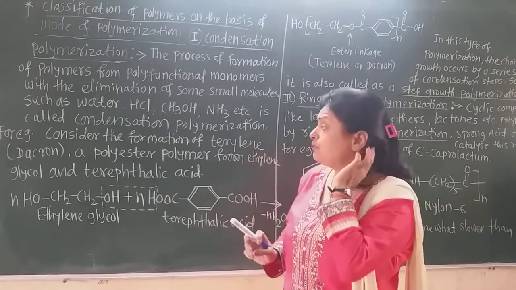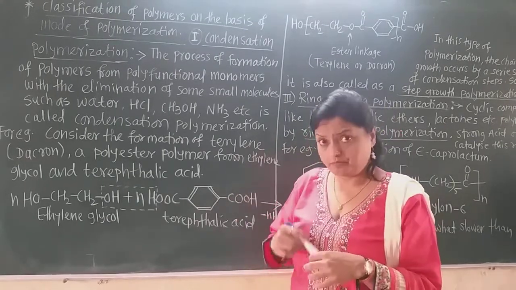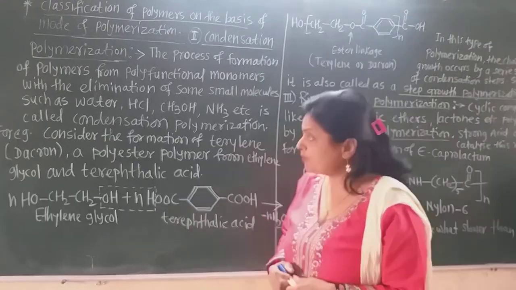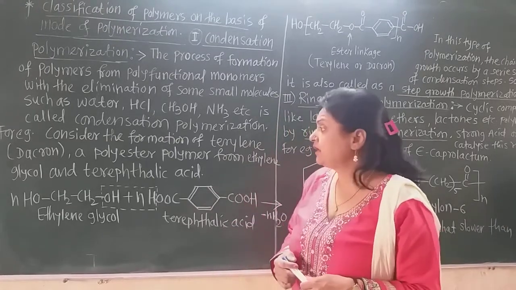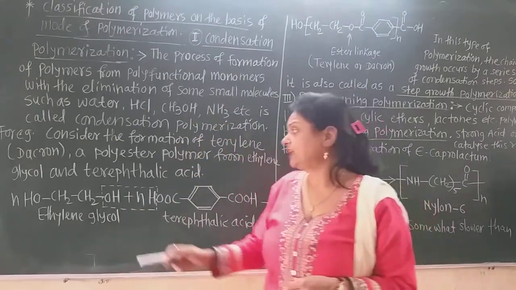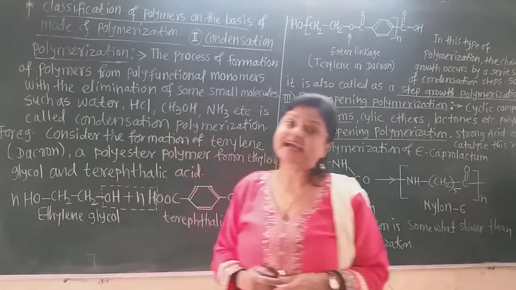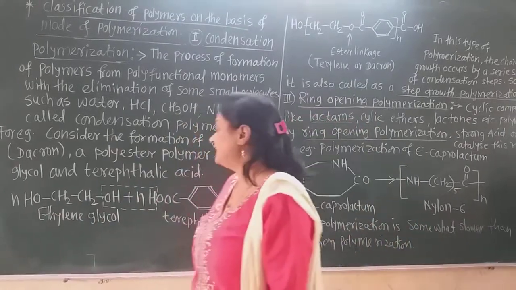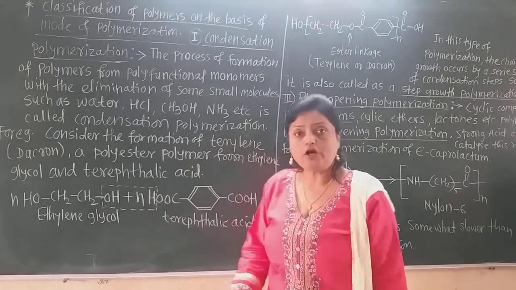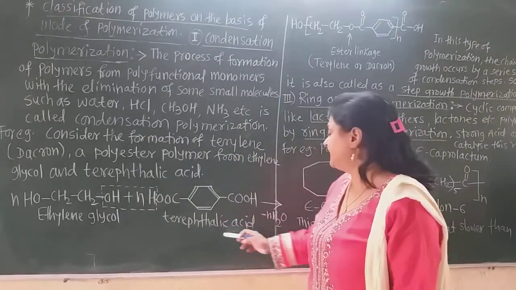This terylene polymer is formed by the polymerization of two different monomers. One is ethylene glycol. We know that glycol has two OH groups; it is a dihydric alcohol. We call dihydric alcohols glycols. And the other monomer is terephthalic acid.